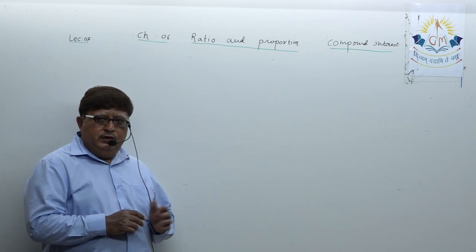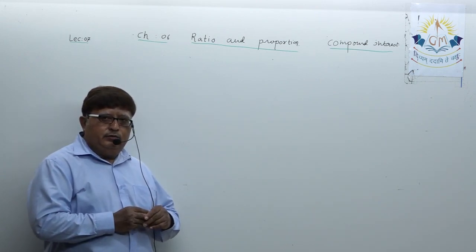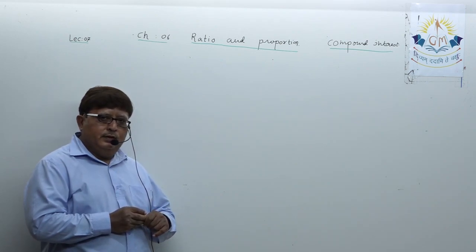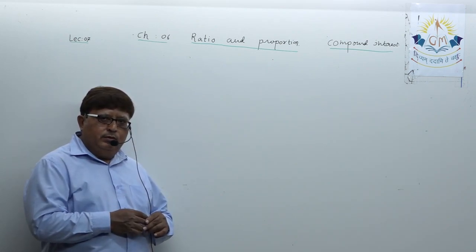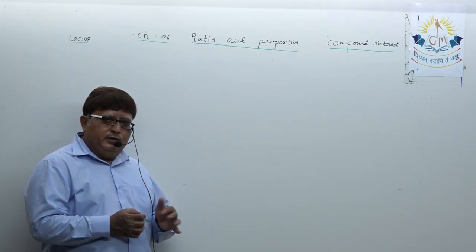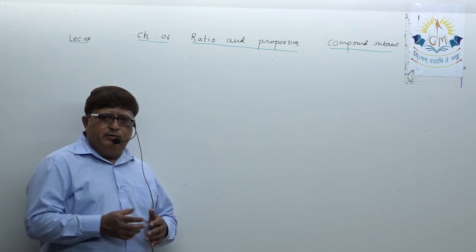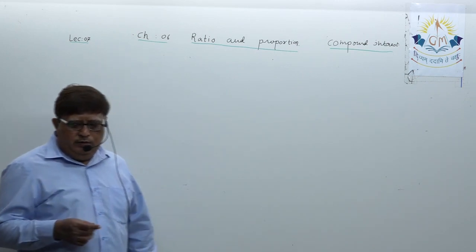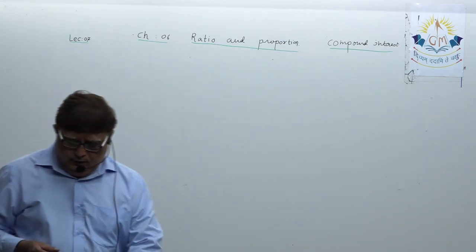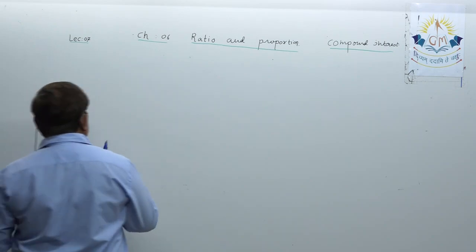Understood? One or two examples I will solve here, and one or two SLP, so that you may practice the example during the lecture in such a way that you never find it difficult in homework. Okay? So let me take one example.